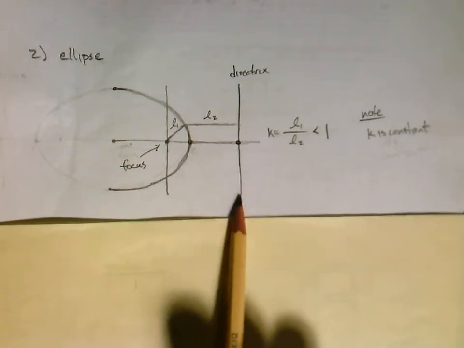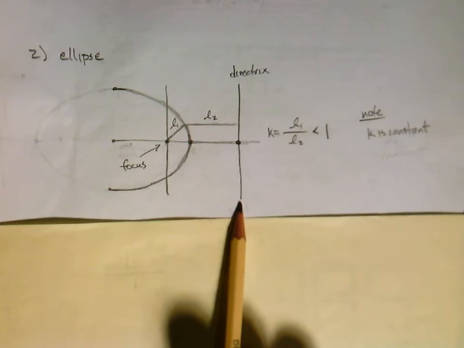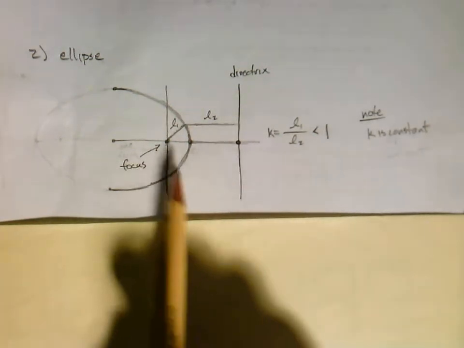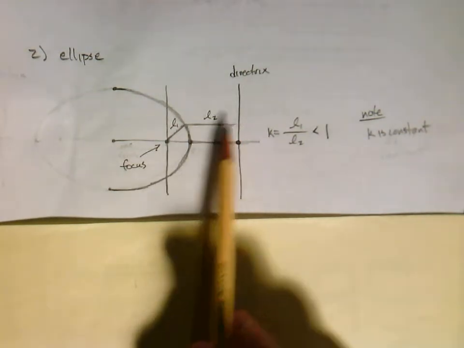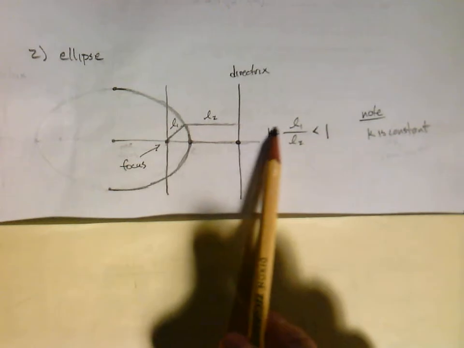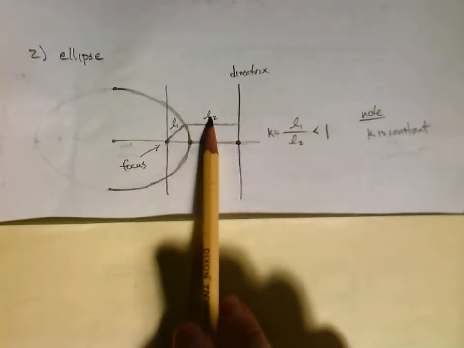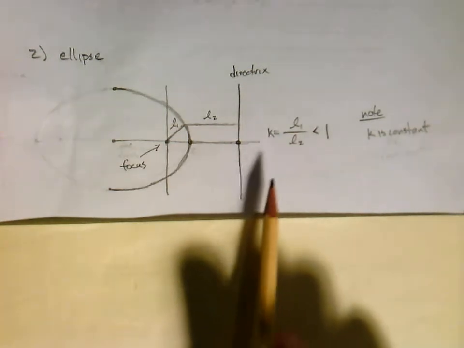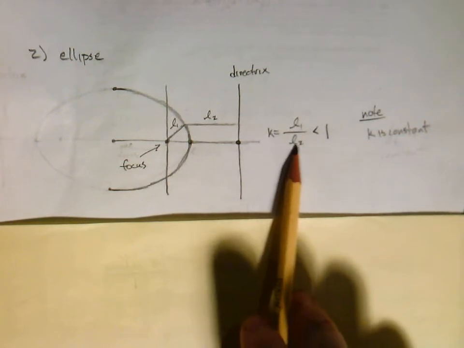They actually have two directrices on either side, but I've just got the one drawn. An ellipse has a directrix further away. So the idea is, if we take this distance and that distance, the ratio of L1 to L2 is less than 1. L1 is smaller than L2.